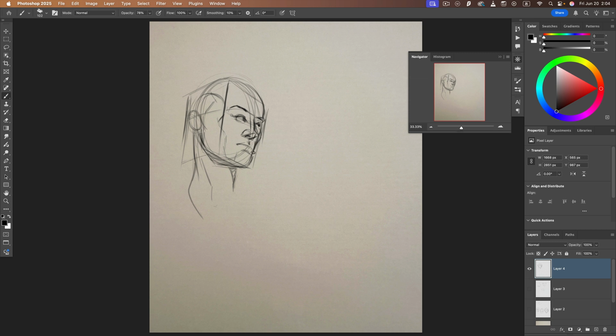Oh, another thing I try to keep in mind, as I draw the mouth, I always try to make sure the mouth is coming out a little bit, you know. Don't draw the mouth as a flat thing. It's going around.